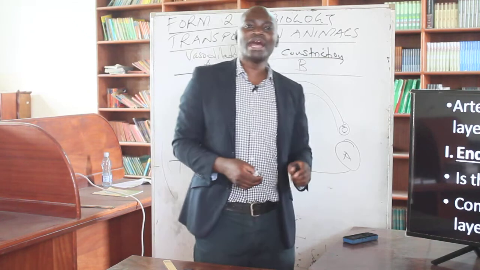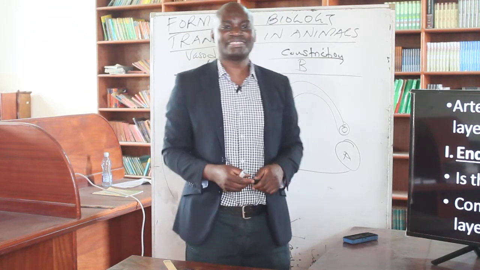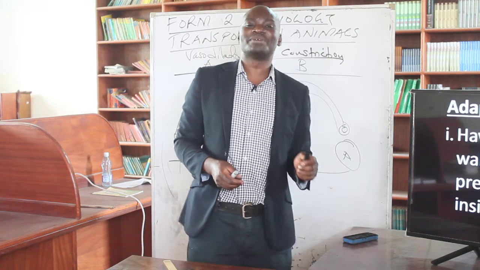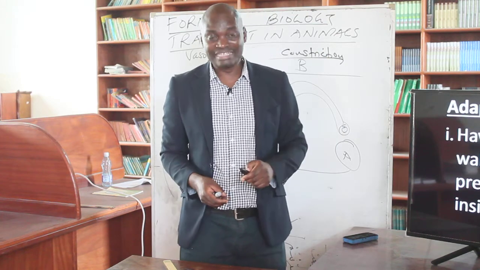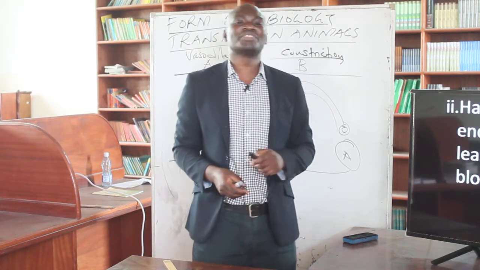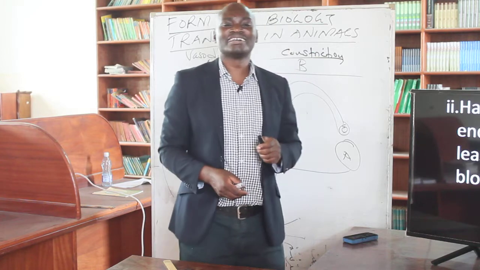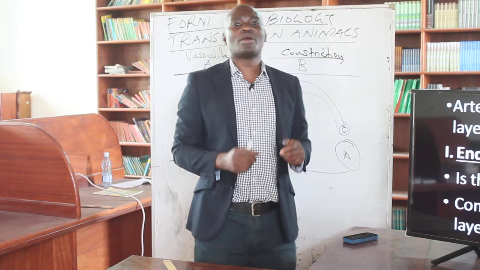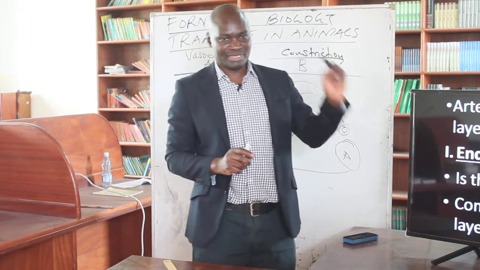So the artery wall has 3 layers. We have seen that. But just a recap of the adaptations: they have thick muscular walls. You must state the reason why they are thick and muscular. 2, smooth endothelium. That's another characteristic. And then they have the ability to alter their diameter. Now, the artery wall has 3 layers.